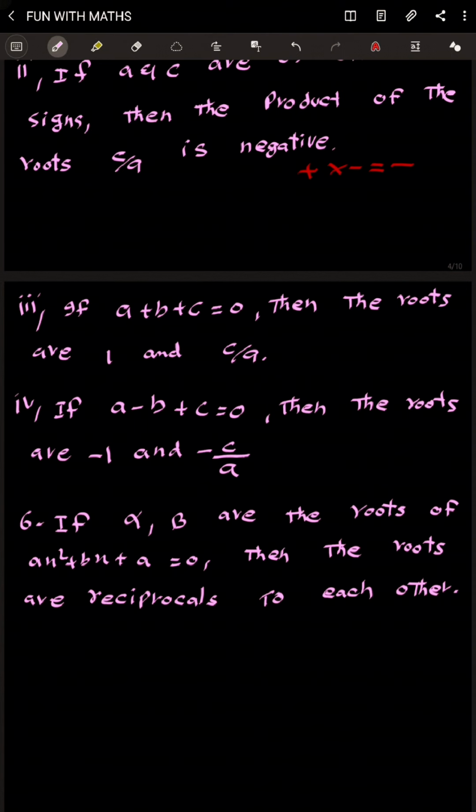So if alpha, beta are the roots of such a quadratic equation, then the roots are reciprocal to each other.